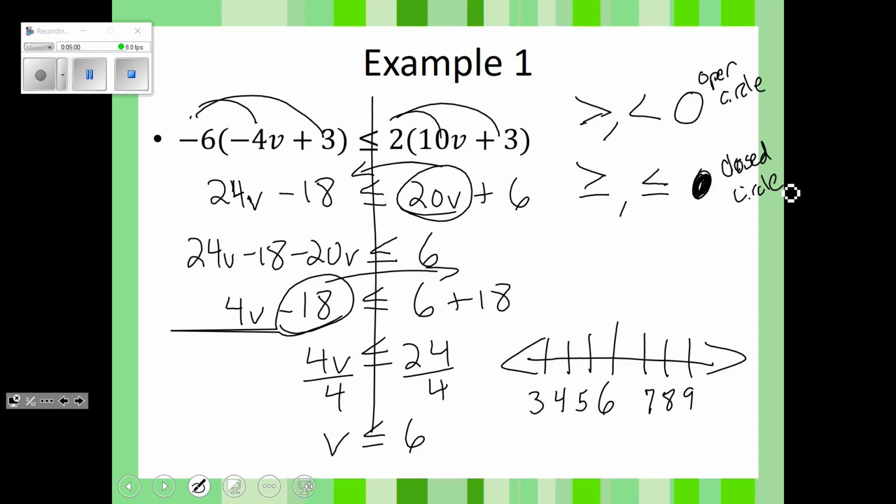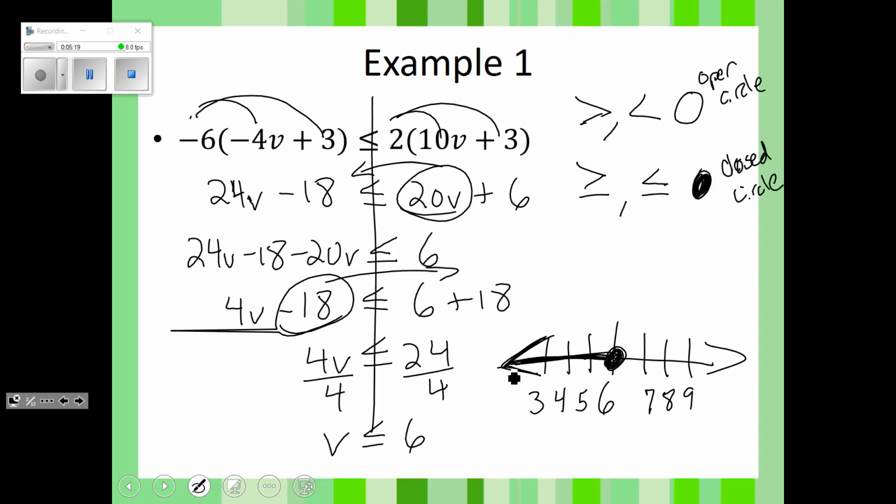Okay, so this one will be closed because it's equal to. And then read from the variable, whatever we shade is what you could plug in for the variable. So v is less than or equal to 6. So which numbers are less than? So to the left. Left is less.